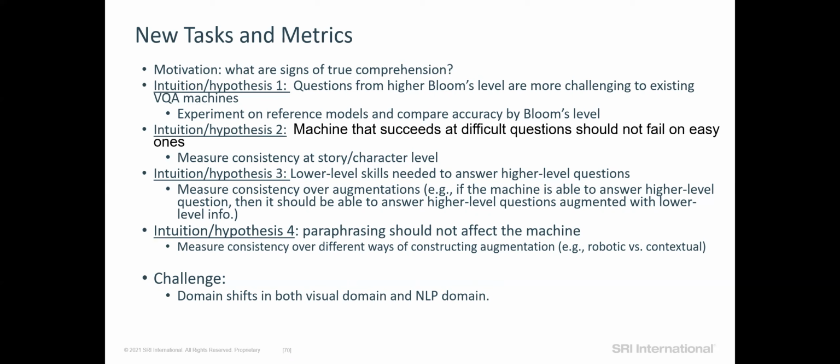We can't just come up with a data set and then tell people, well, have at it. So we'll create a baseline technique and we'll show what kind of baseline performance there is. But what we want to argue is that these are the kinds of criteria that should be used to assess comprehension, right?